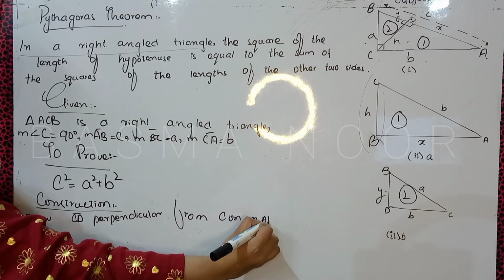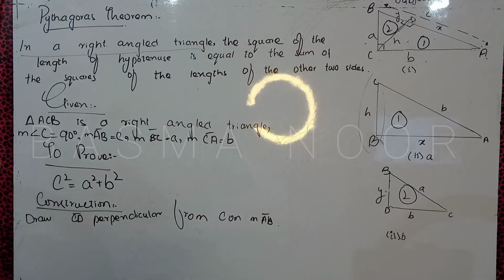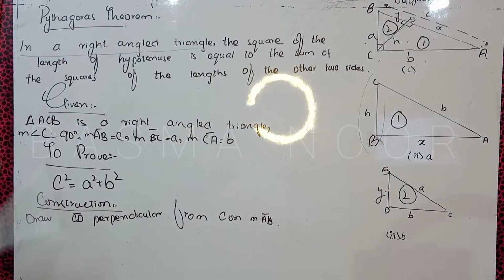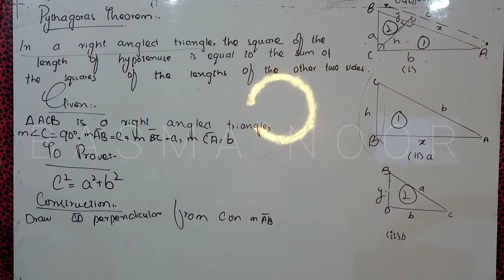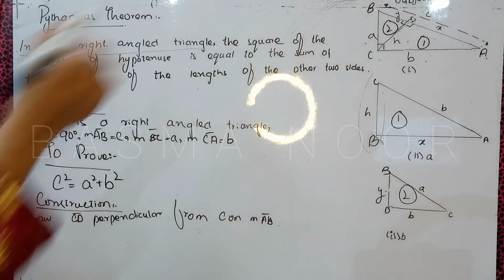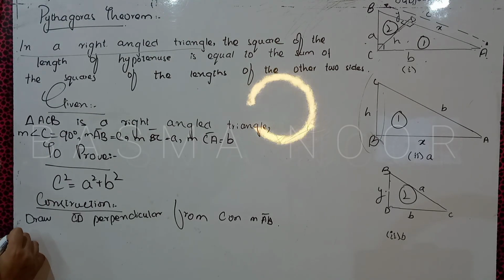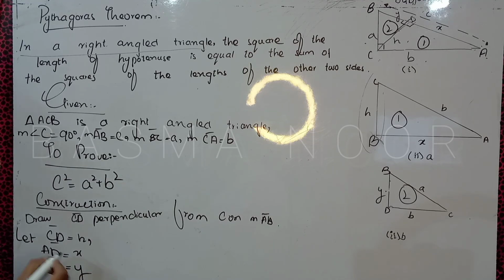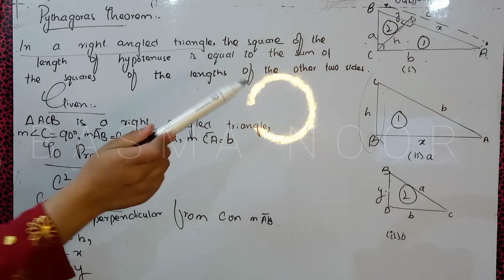You can see now, CD is a line from C to the line AB, and let CD be H, AD be X, BD be Y, and line segment CD splits it into two triangles, this one and this one. These are the large and small triangles, which are clearly shown in figures 2A and 2B.